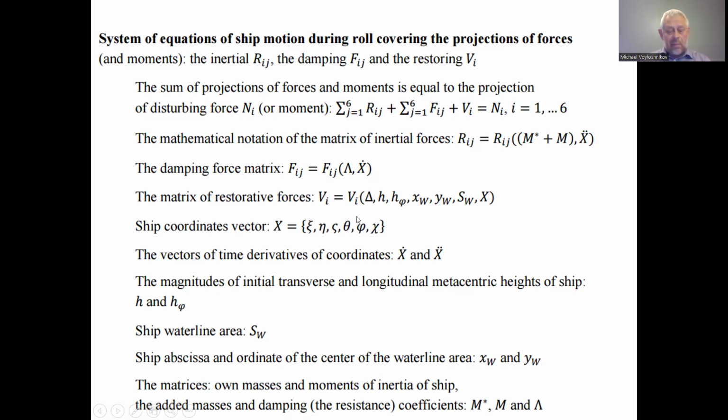Phi is the trimming angle of ship relative to the ordinate axis, and chi is the ship angle of yaw relative to the applicate axis. The vectors of time derivatives of coordinates, the derivatives of this vector, it is the time derivative of each component of the vector, and this one is the second derivative.